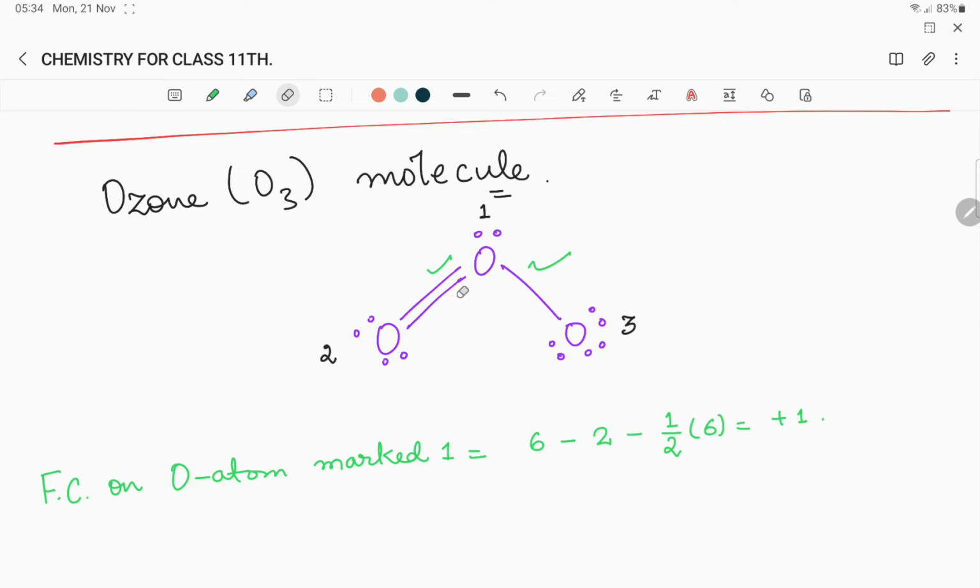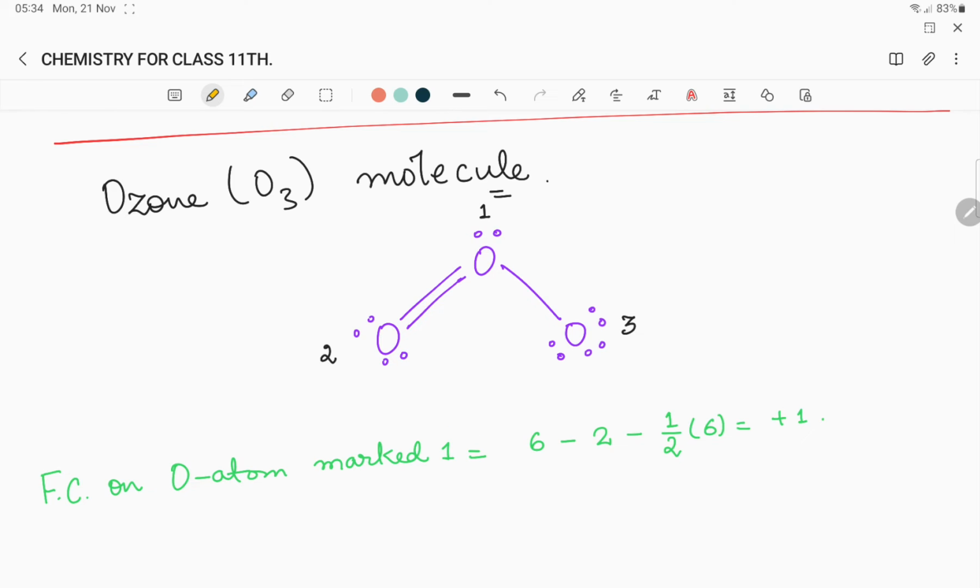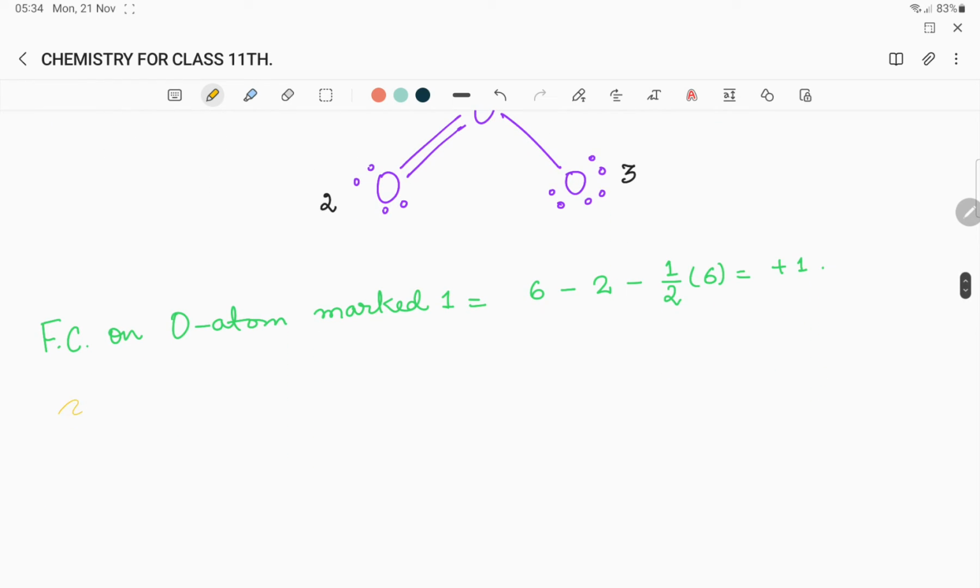So very easily we have calculated the formal charge on the first oxygen atom. In the same way we can calculate the Fc on oxygen atom marked 2.